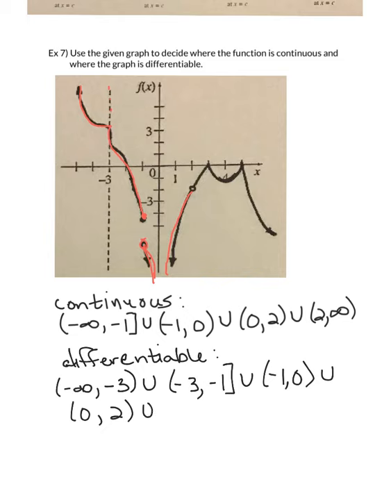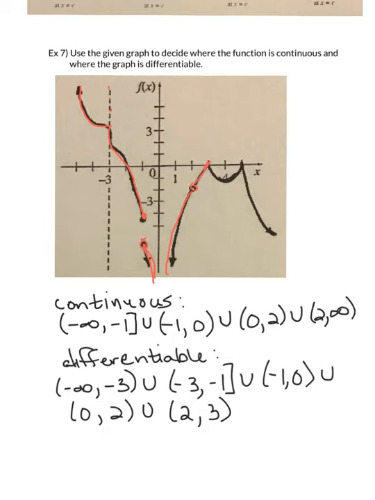Then we're going to pick up on the other side of 2, and we hit this point here at the x value of 3. Anytime you have a sharp point, whether it's created by curves or by lines, there is not a derivative there. So we're good from 2 to 3, but then there's not a derivative at 3.